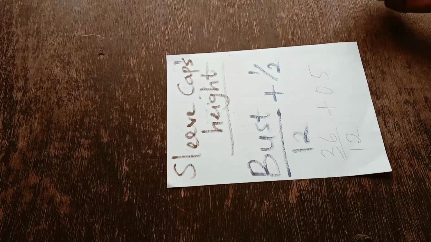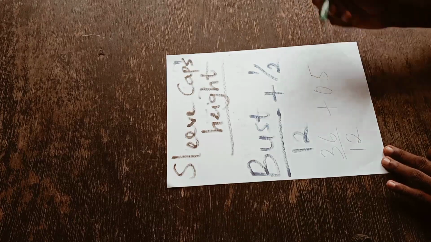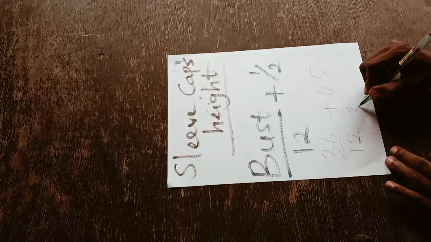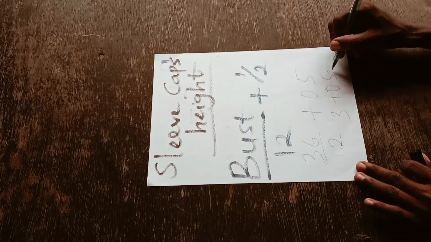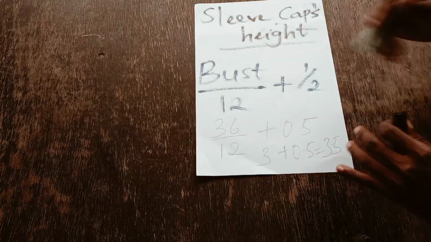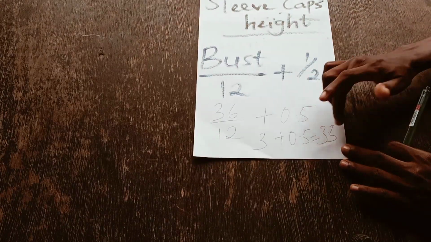So 36 divided by 12 is 3, plus 0.5, we have 3.5. So the cap height of bust 36 will be 3.5.